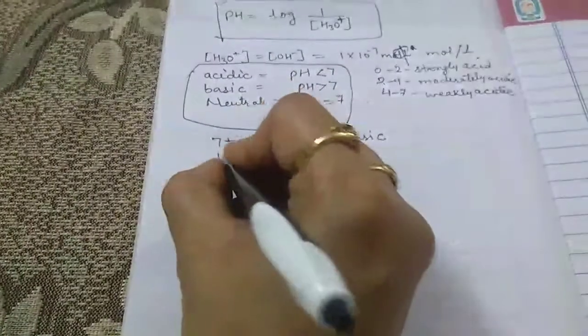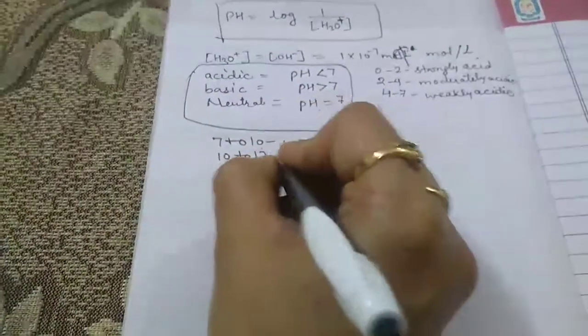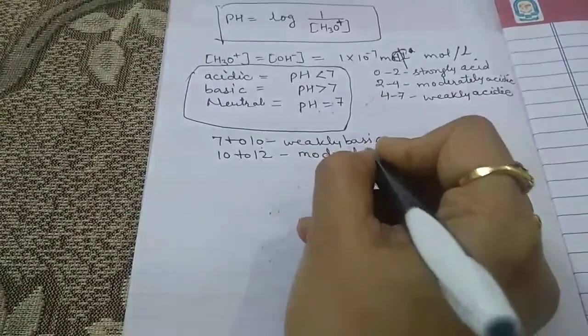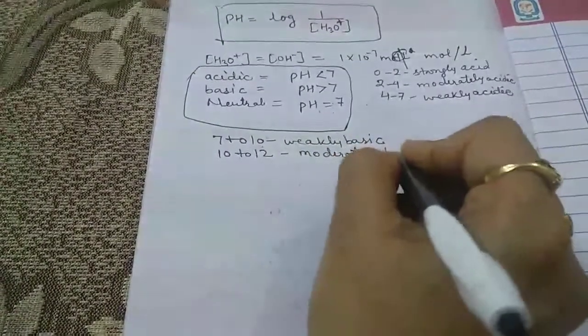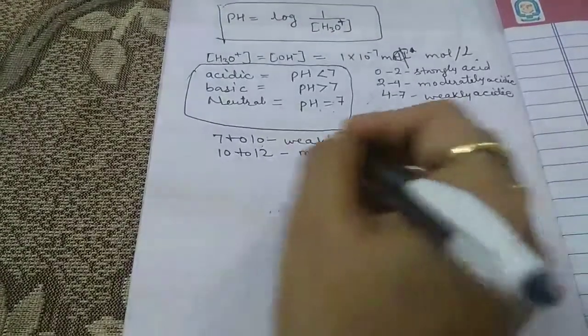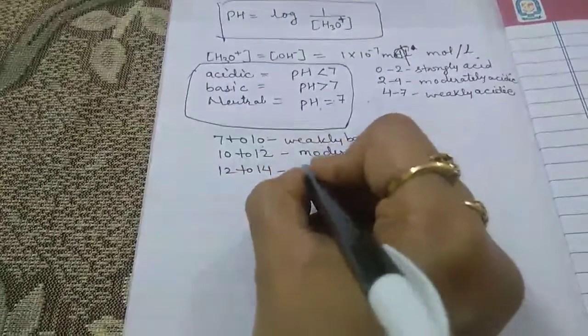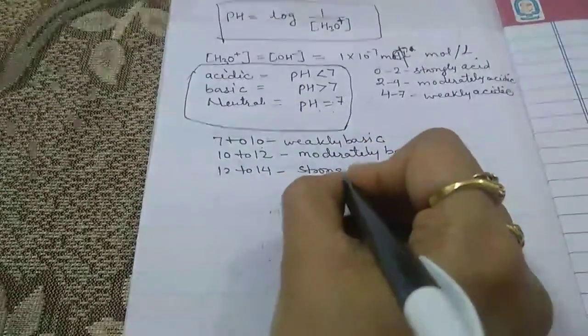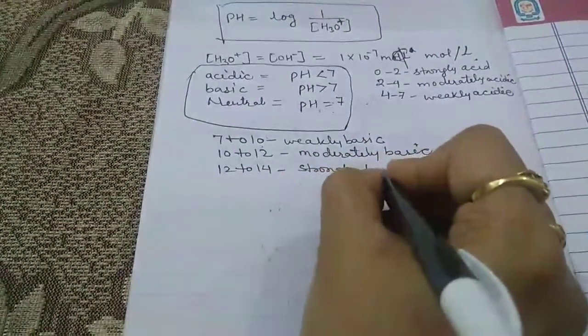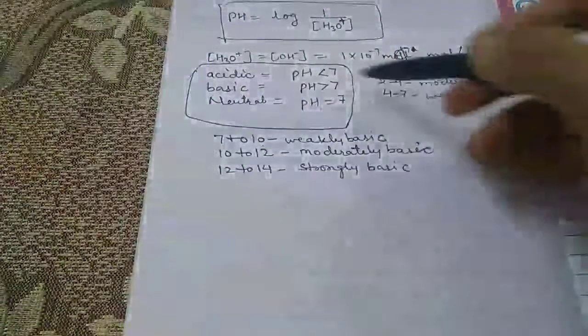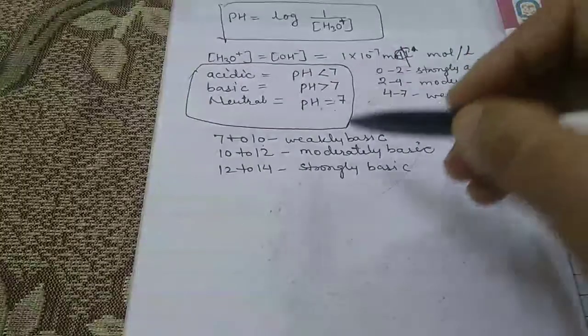The pH between 10 to 12, they are moderately basic. And the pH between 12 to 14, they are strongly basic. So these are all about the pH scale.